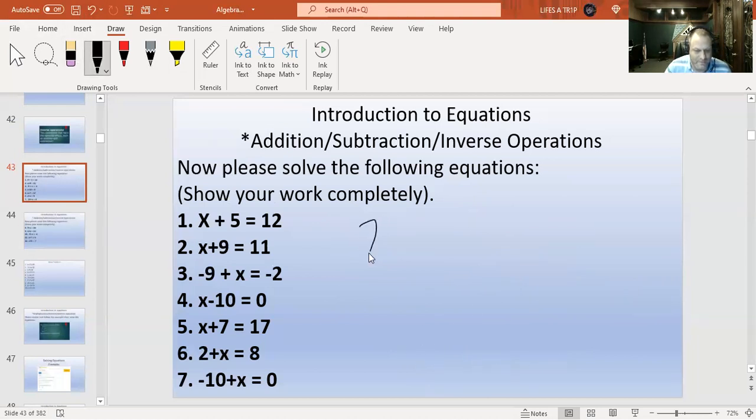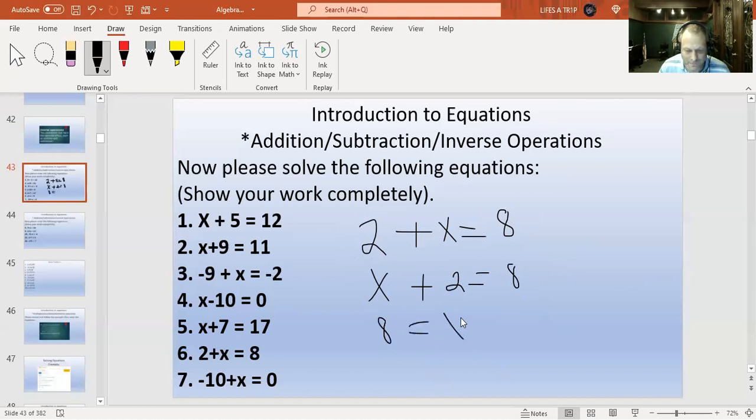Number 6. All right, here we go again. They'll try to trip you up a little bit, but we're not going to get tripped up because we know that no matter where they put these little guys, they can put it here, they can put it here, they can put it here, our order is still going to be the same.